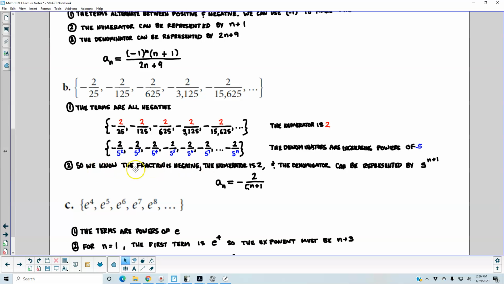So the fraction is always negative, the numerator is always 2, and the denominator can be represented by 5 to the n plus 1. If we let the first term be 1, then 1 plus 1 gives us 5 squared, and that's how we get 5 squared to be the first term.